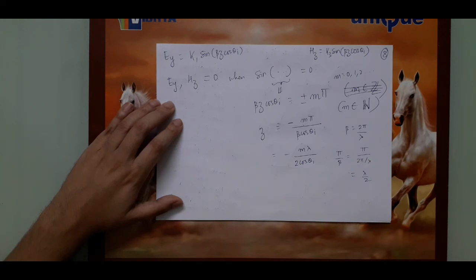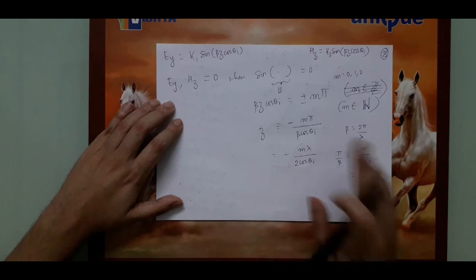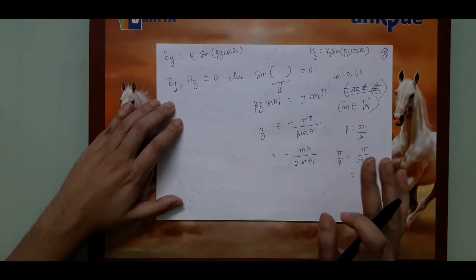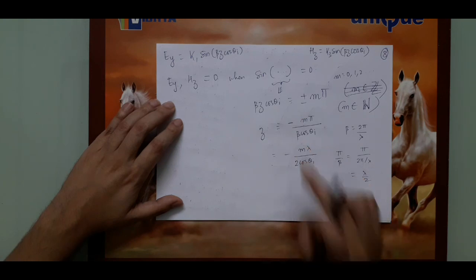What do I get? This is what I get. So that means some kind of a multiple of lambda by 2 is inherently there, because cos theta is a constant and what changes is the value of m.